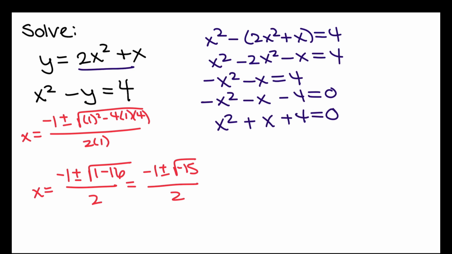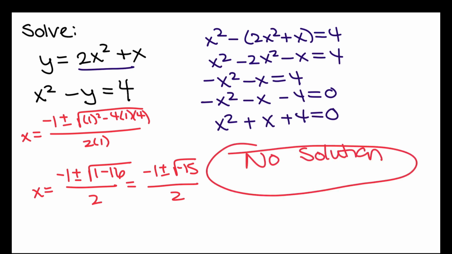The square root of negative 15 is not a real number, and when we're solving systems, we really are trying to find those real solutions, because we're trying to find intersection points on a graph. So this system has no solution, or no real solution.